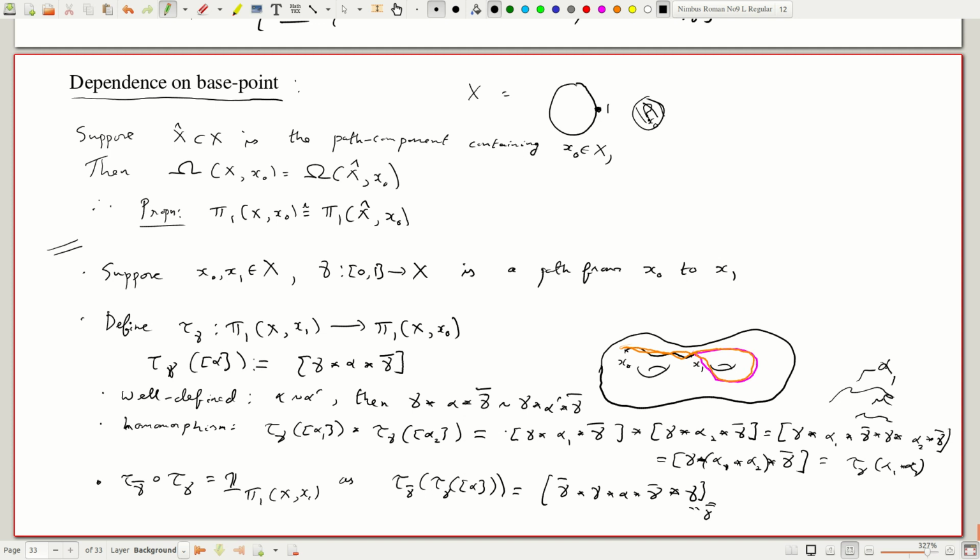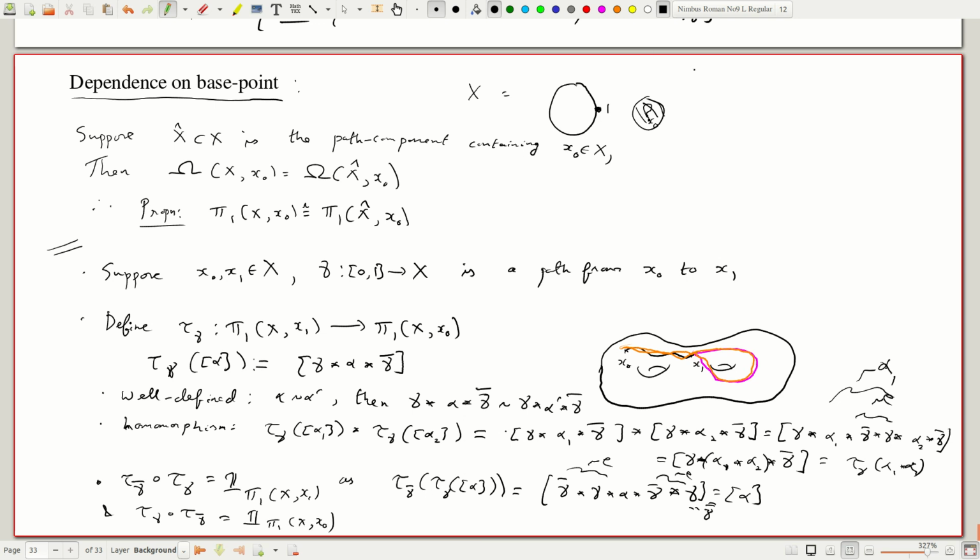If I reverse gamma twice, I get gamma itself, and then these two are homotopic to the identity. So this is equal to alpha. And tau gamma composed with tau gamma bar, if I reverse it, is going to be the identity on pi1 of X, x0.